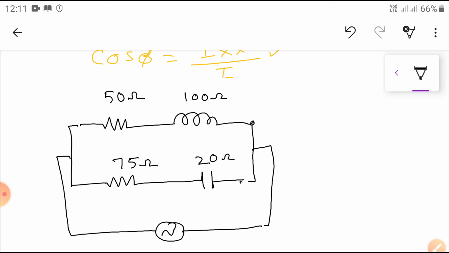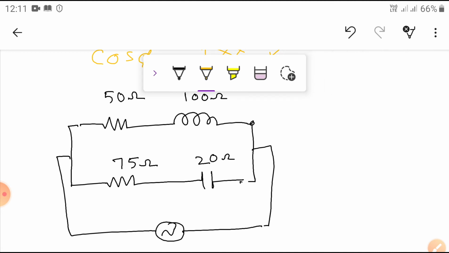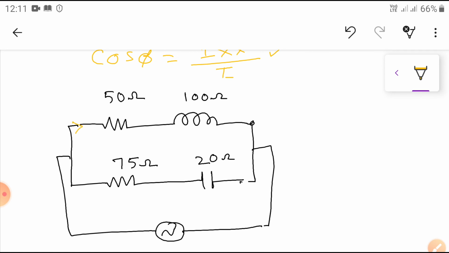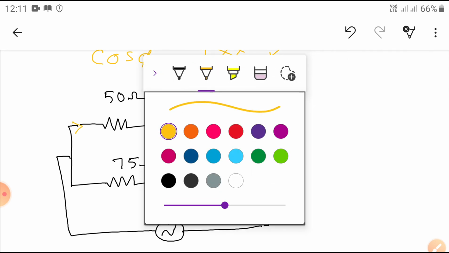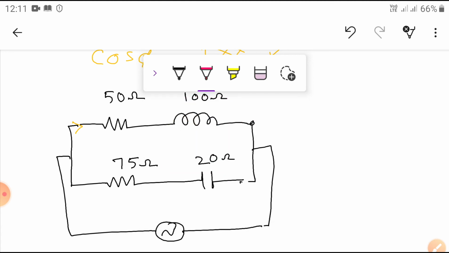Okay. So now the current which is flowing here, you can take another color. Now the current flowing here, I can say I1, this branch is for Z1. Okay. Now this is equal to I2, branch is equal to Z2, let us assume.